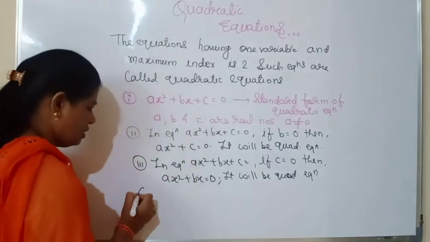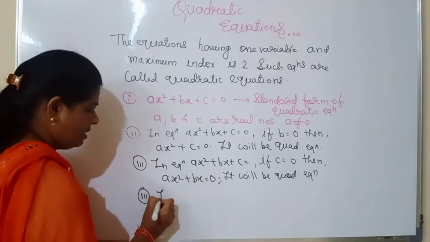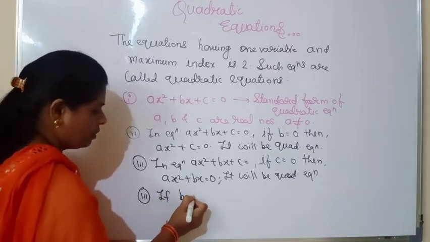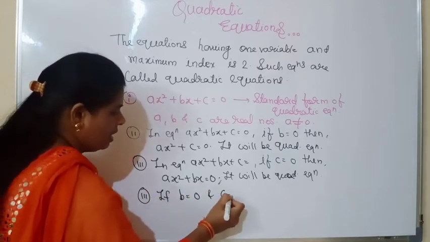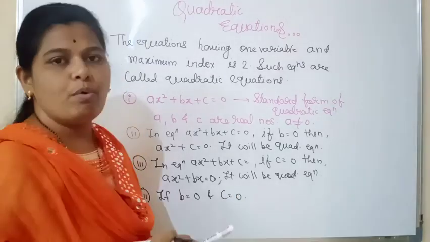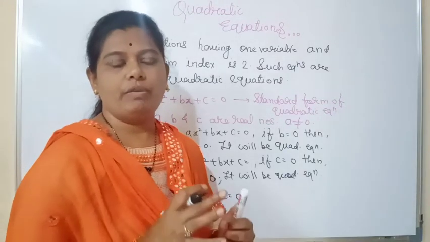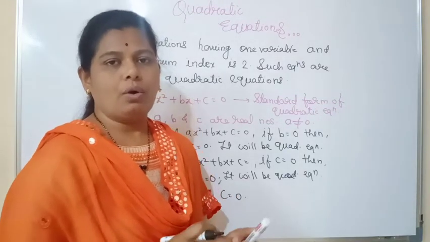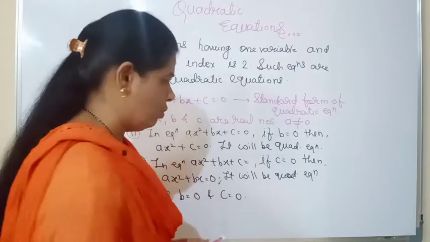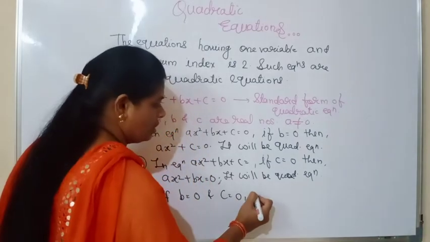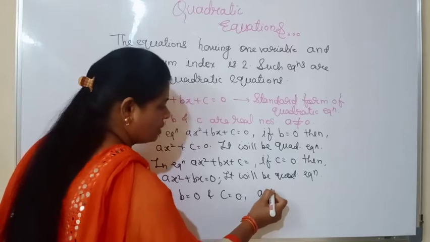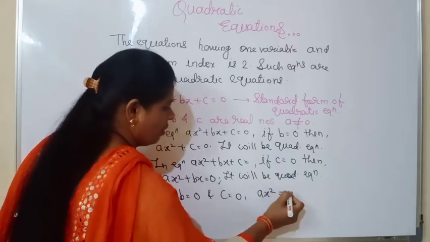Now the last case we are going to study is if b equal to 0 and c equal to 0. If both b and c are 0 together, our equation will be ax square equal to 0.